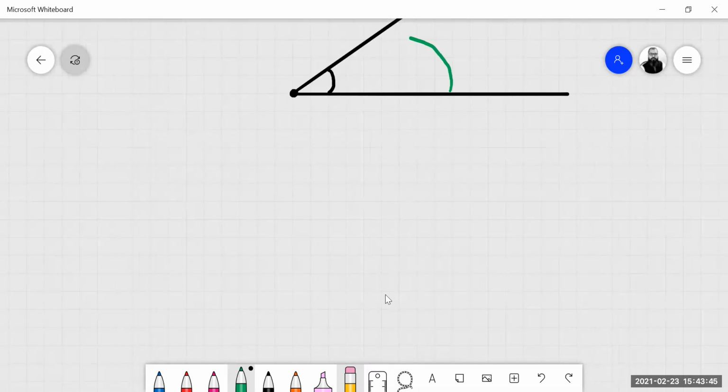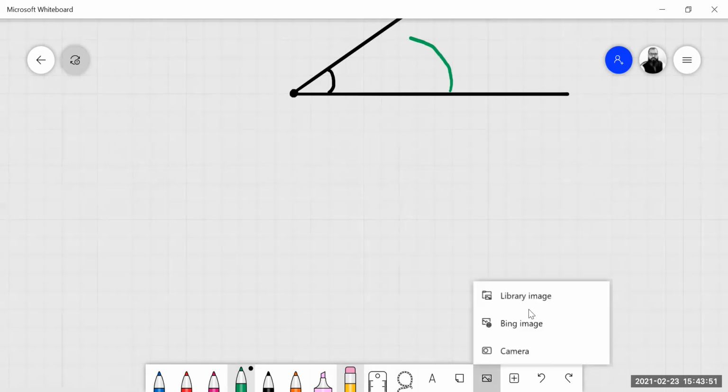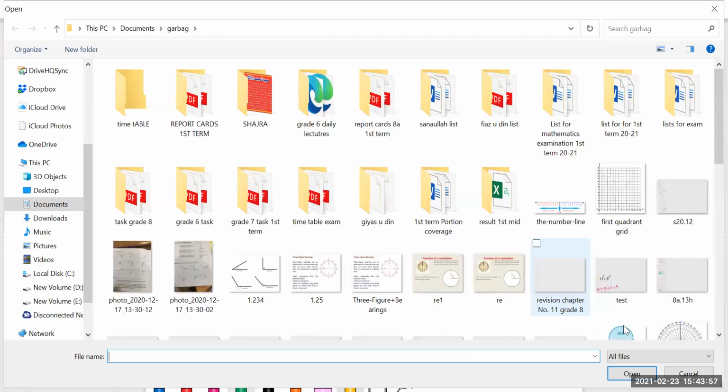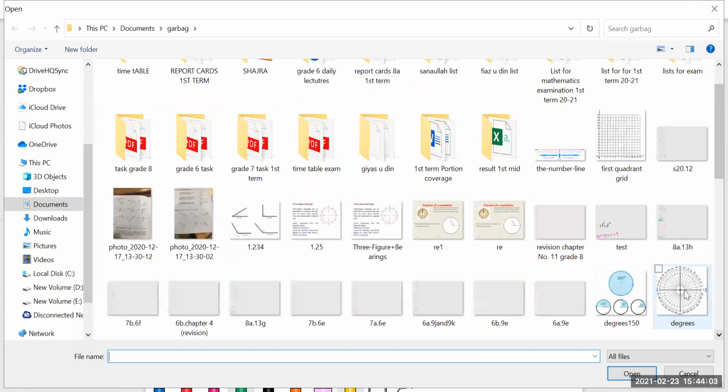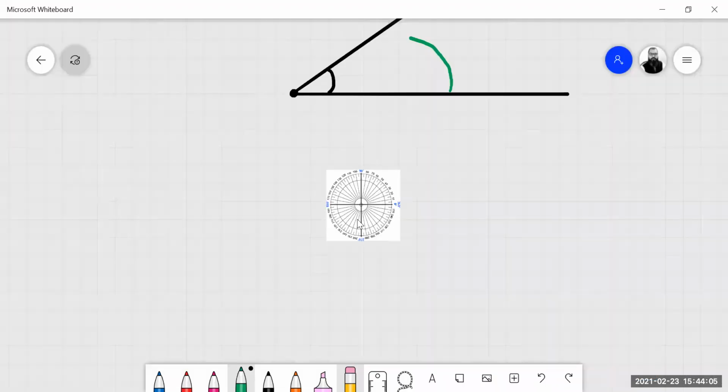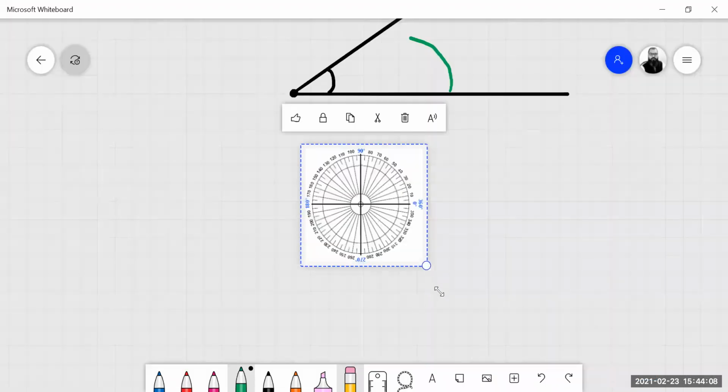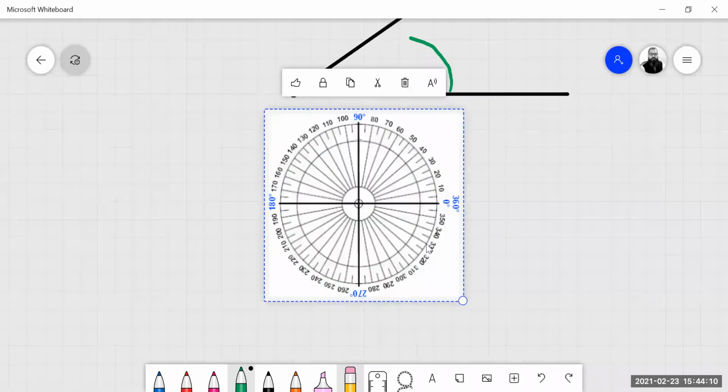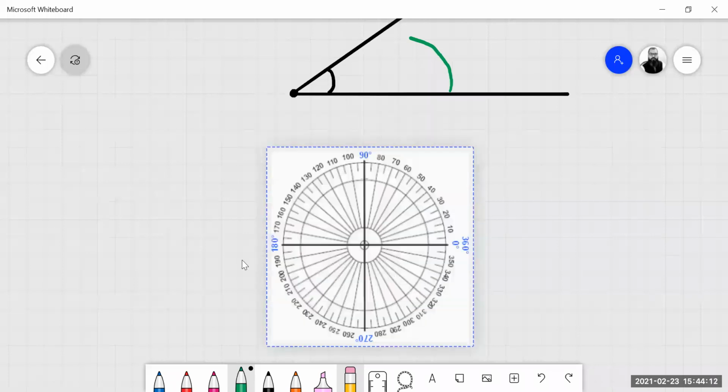Okay, now the next one. Let me insert a picture of a protractor here. I hope I have it in my library. See from here to here. This is a protractor, a circular protractor. Okay.